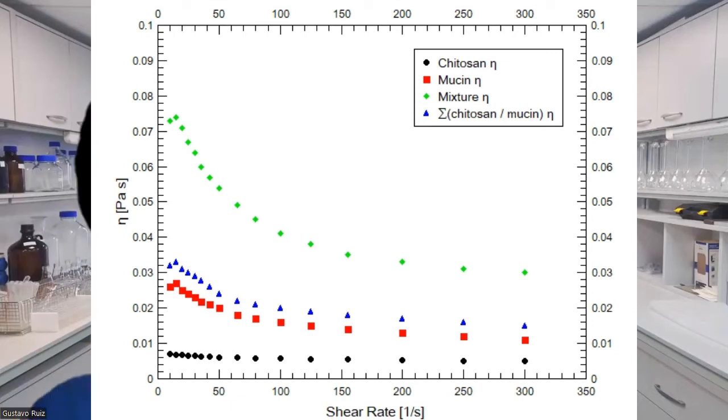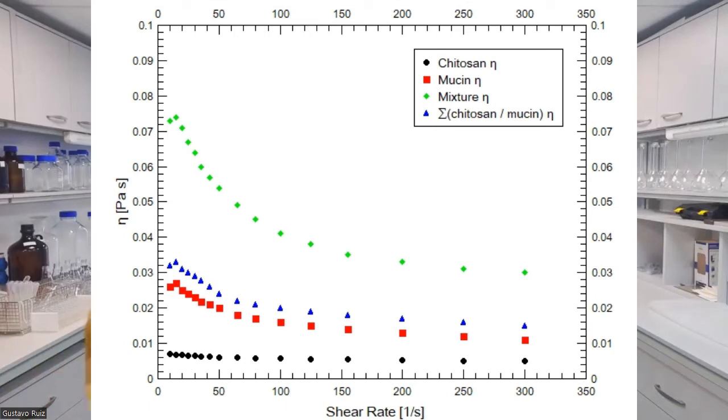It's important the difference between the mixture and the summatory. This difference shows to us that there are some synergistic interactions between both polymers, and we assume that there is some adhesion between them.